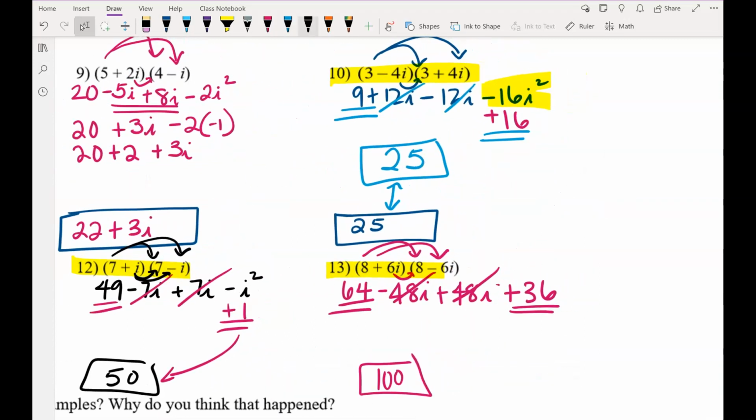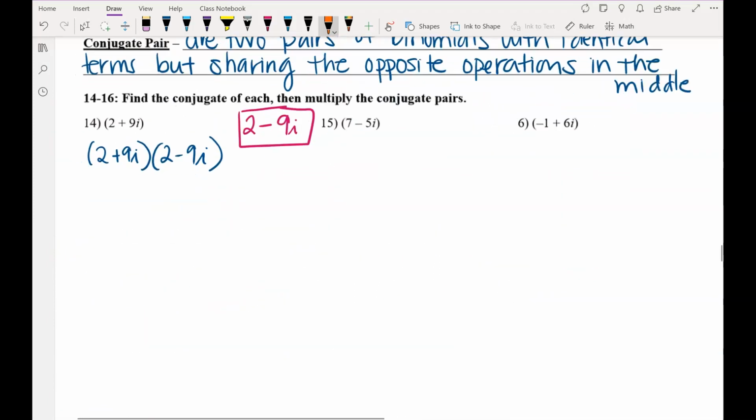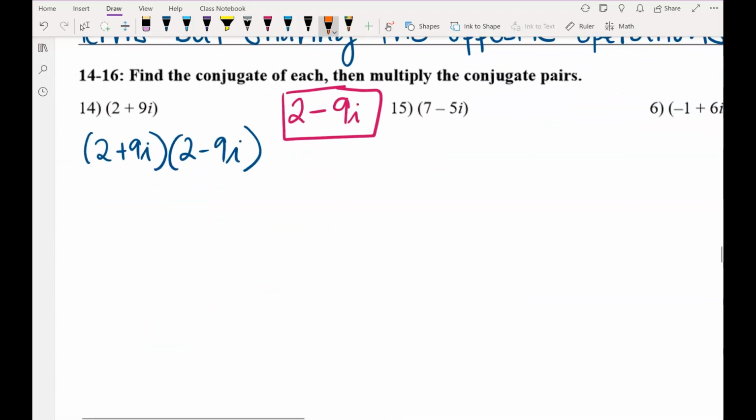So if you really pay attention, we only need to multiply the first two terms and the last two terms. That's it, because the O and the I cancel. So that's what we are going to do if we have conjugate pairs.